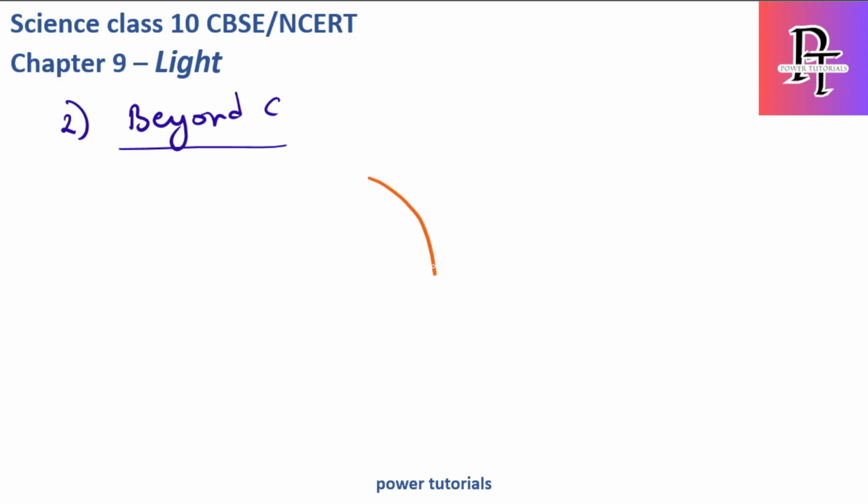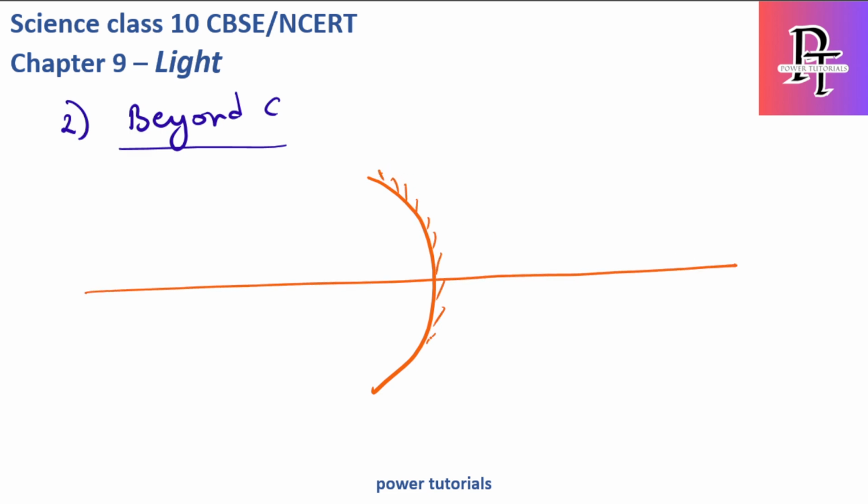So we have a concave mirror, principal axis, this should be the rough side, we should have center, we should have focus, and this is the pole. Now I am keeping the object here. So AB is the object.